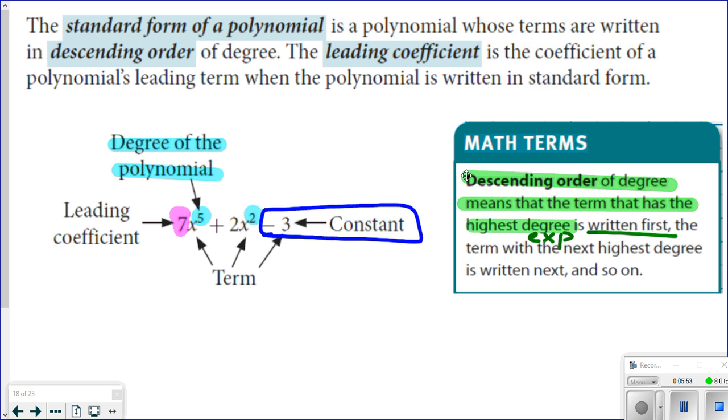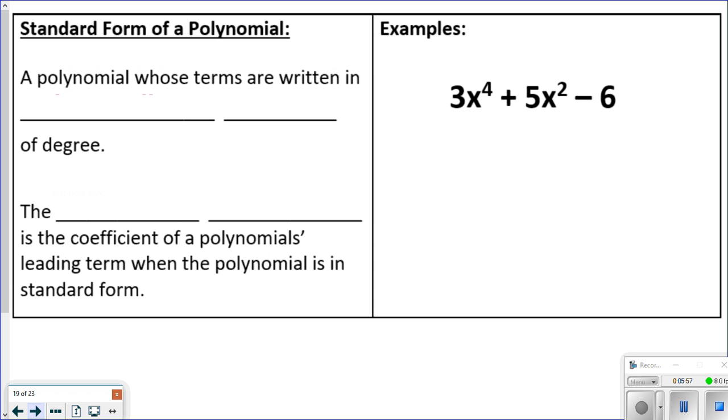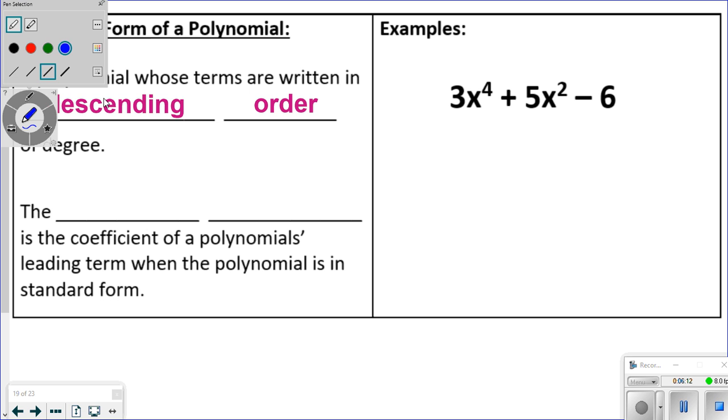Okay, so let's add this to our note sheet. Standard form of a polynomial is a polynomial whose terms are written in descending order of degree. And if you don't remember what the word degree is, you could write exponent.